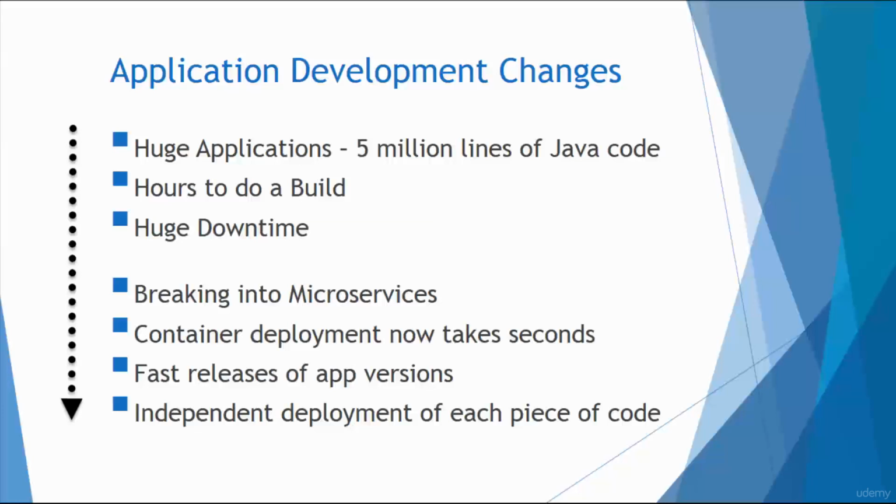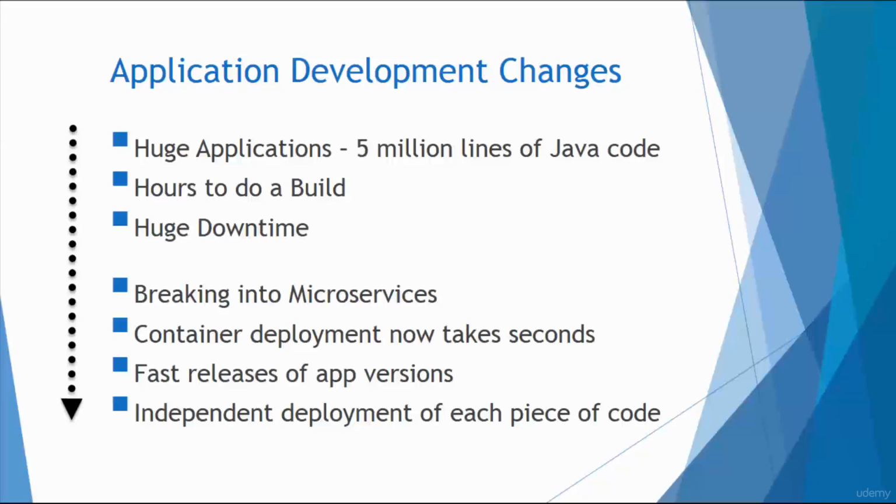So these smaller chunks, as I mentioned earlier, contain each piece of code that a developer sitting anywhere in the world, in fact, can code and use these containers and deploy images to an online repository or registry, and then the entire app will come together piece by piece. So this allows fast releases of app versions, right?